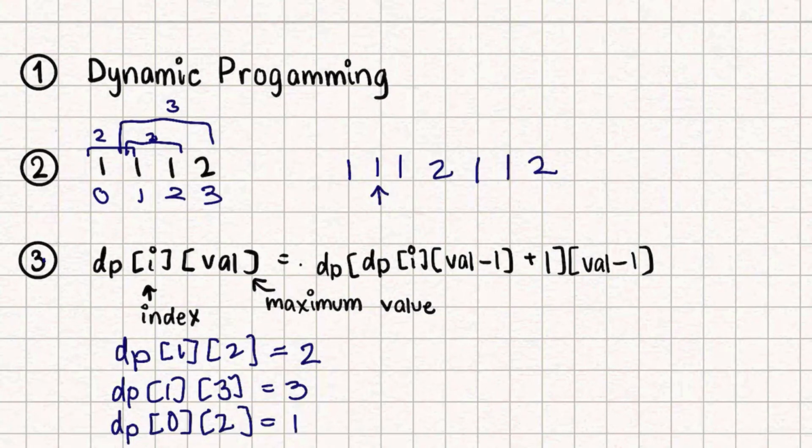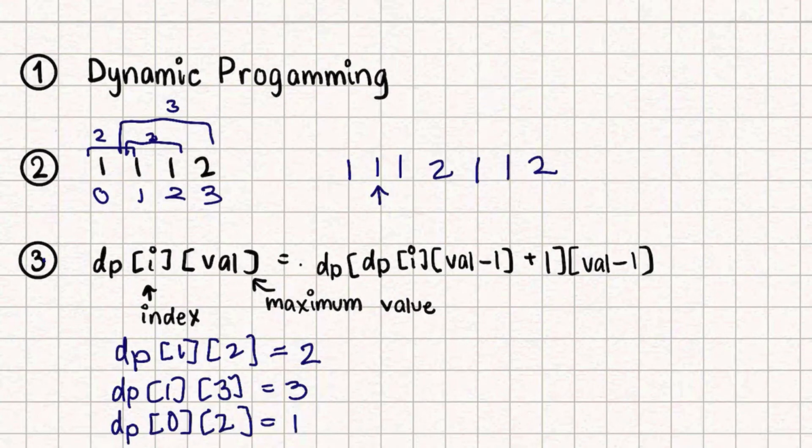So what we can do is we can look at our previous DP value. So in this case, we can look at dp[i][val-1]. So dp[i][val-1] is going to be, in order to make 3, we need to first make 2 and then combine it with something else to make 3. Since once we have two 2's next to each other, we can make a 3.